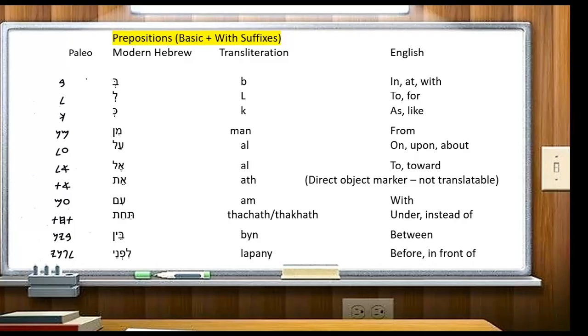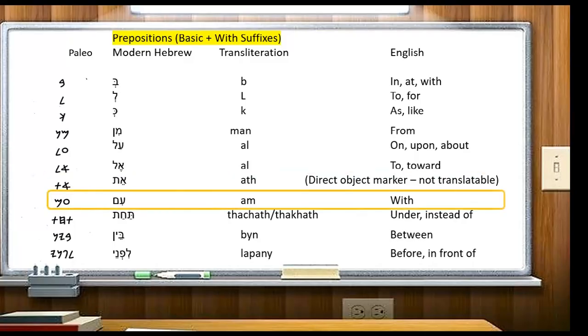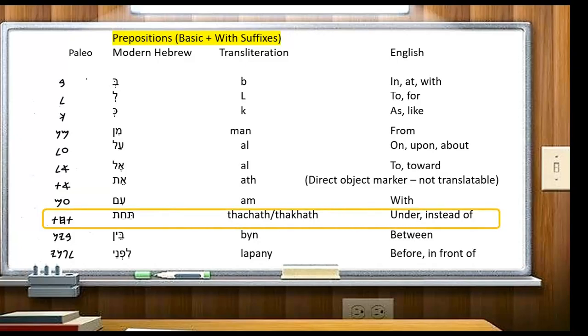Then we have the ayin mum, which is different from alaf mum. So ayin mum is with. So if you're saying with, you say with. Under, or instead of: when you say under or instead of, you say thachath.